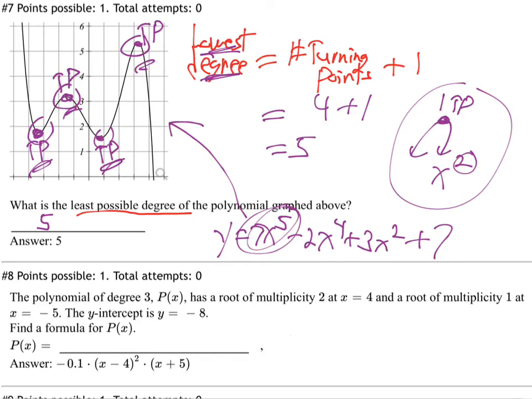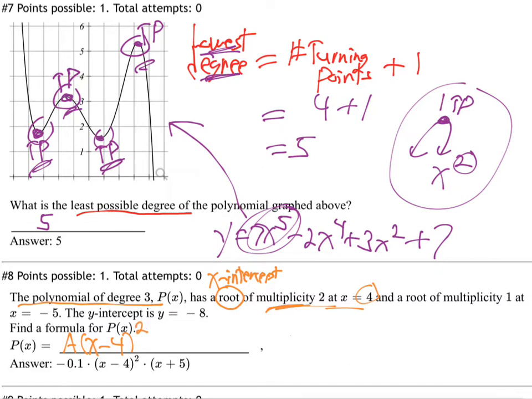So, number 8 down here in the bottom. The polynomial of degree 3 has a root of multiplicity 2 at x equals 4. So what that means is it's some kind of constant a, and a root is a fancy word for an X-intercept, which means it's opposite. 4, so it's going to be minus 4.